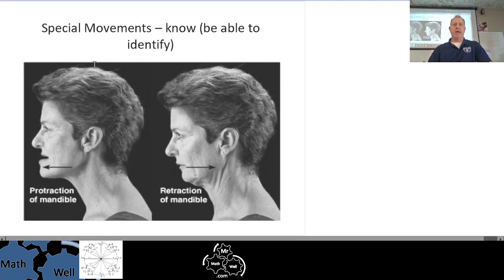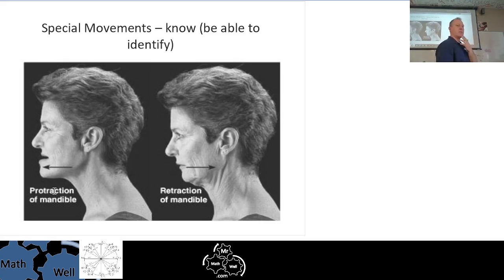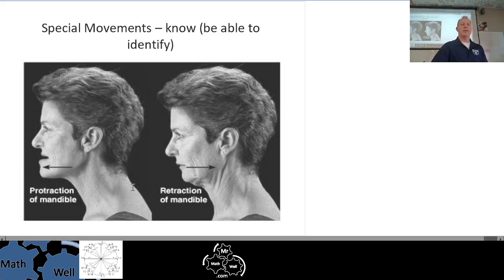Special movements of the jaw. Protraction: if your chin and your lower jaw are forward, that's a protraction of the mandible. The mandible is your jaw. A retraction of your jaw is going back in.